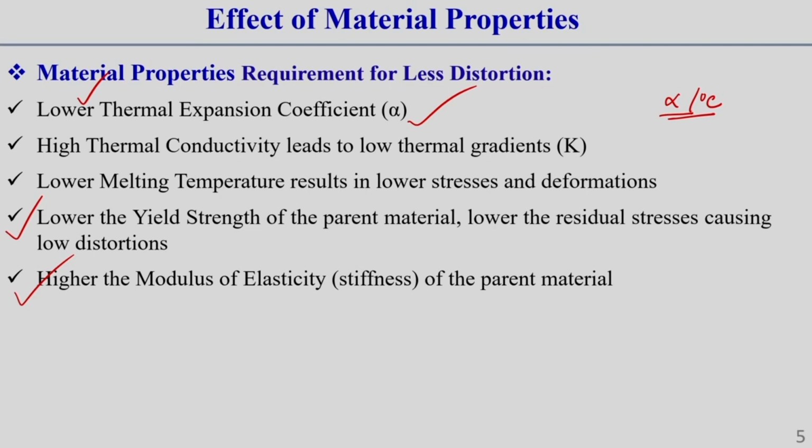So, one thing you should keep in mind: the higher the modulus of elasticity, the higher will be the stiffness of the structure, and the lesser will be the deformation, because if the structure is more stiff, the chances of deformation will also be less. This you should keep in mind.